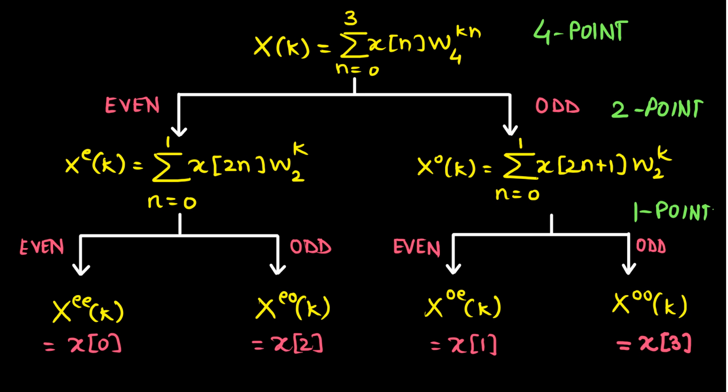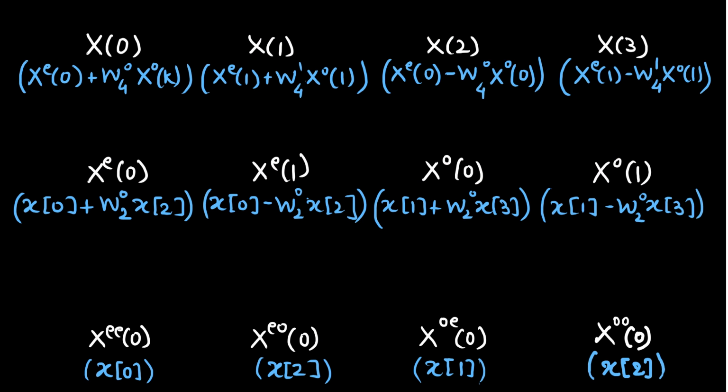But initially we are supplied with these signal values, and we need to get the value of X of k, and therefore we need to perform a back tracing from the signal values to X of k. That is, using these signal values that are our initial 1 point DFTs, we need to find the 2 point DFTs, and then go on to find the 4 point DFTs, and if we have a higher value of N, then we need to move one or more steps further. So this back tracing can be considered like this.